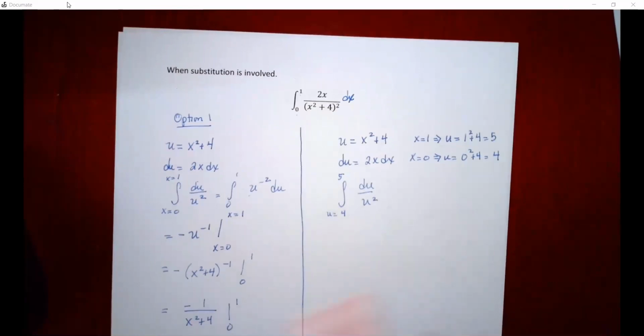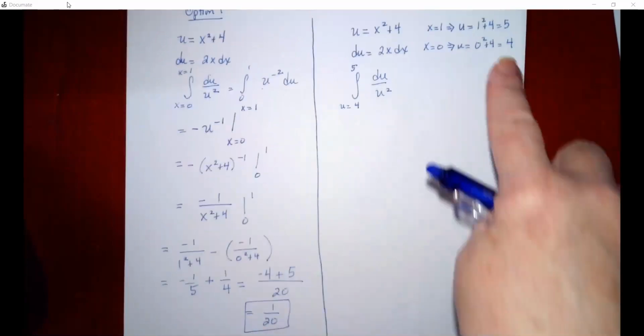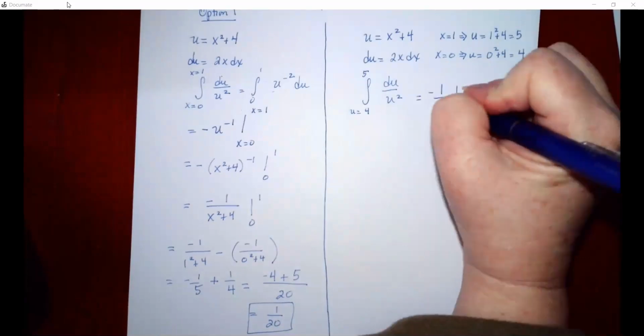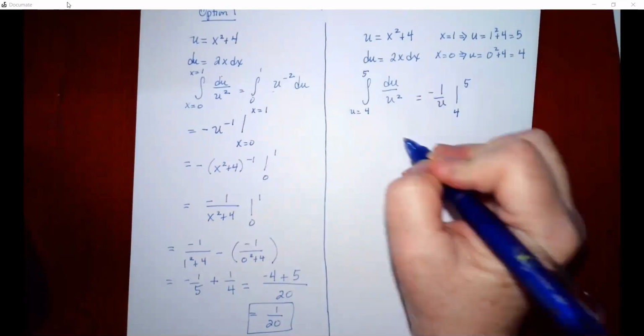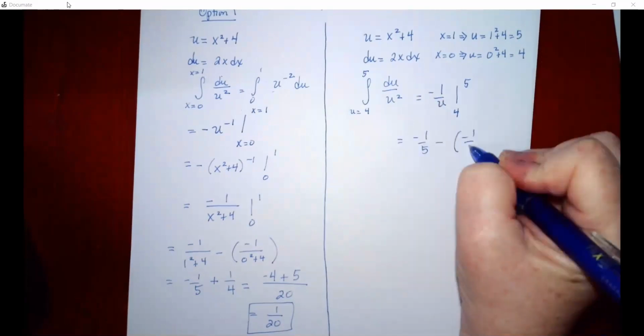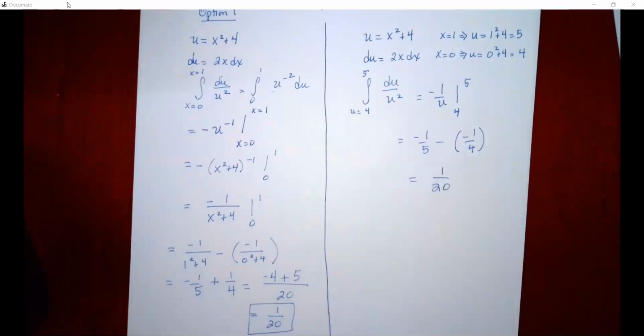You've already done that substitution that we did down here. We already did it up here. So we would have negative 1 over u from 4 to 5, which is negative 1/5 minus a negative 1/4, which is 1 over 20.